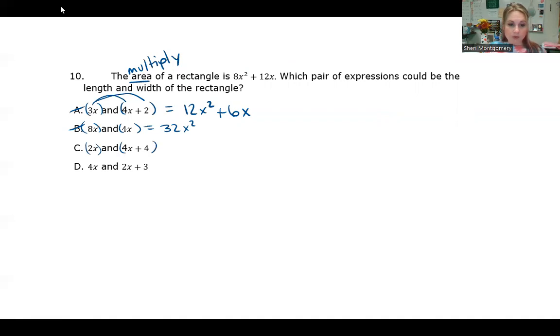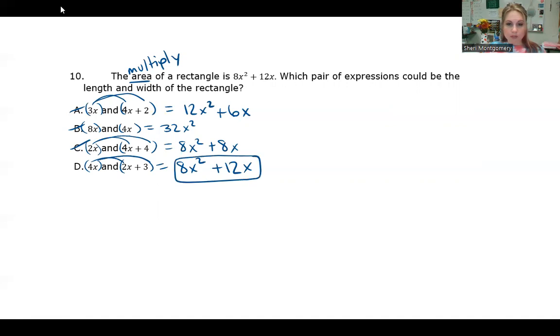Then we're going to have to distribute this one into 2 times 4 is 8, x times x is x squared. 2 times 4 is 8, and then there's an x, close, but no. And last, hopefully this one works. 2 times 4 is 8, and x times x is x squared. 4 times 3 is 12, and then there's an x. So yeah, that one matches. The answer is D.